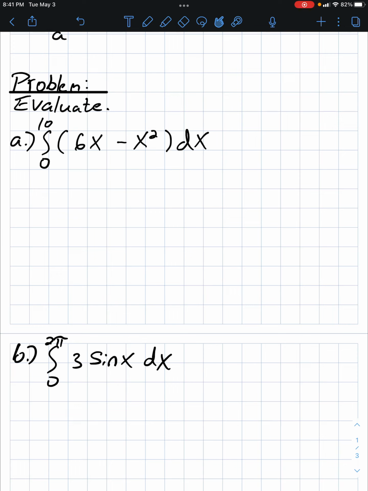So in part A, we need to evaluate the integral from 0 to 10 of 6x minus x squared dx. So how are we going to do this? Well, let's first start off by taking our integral.